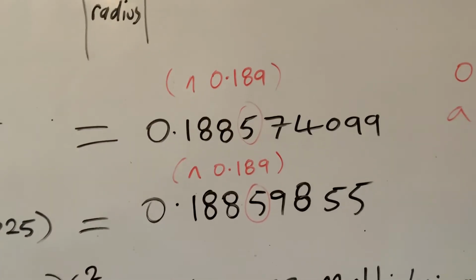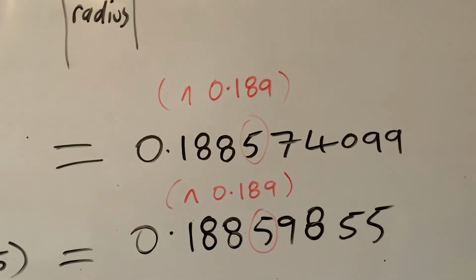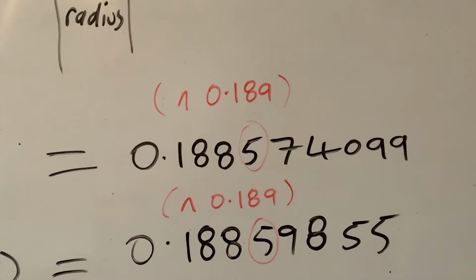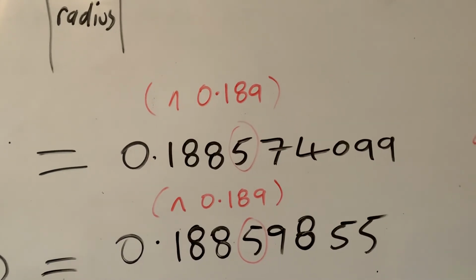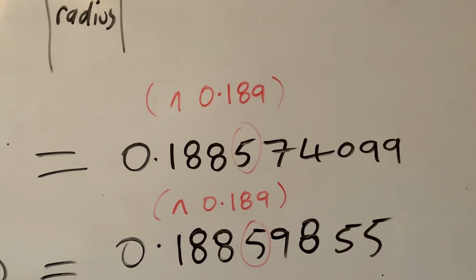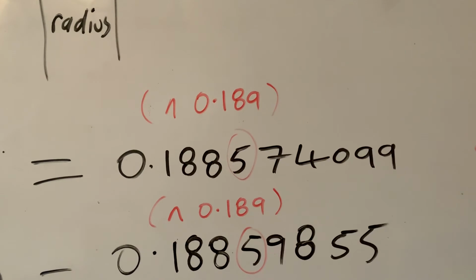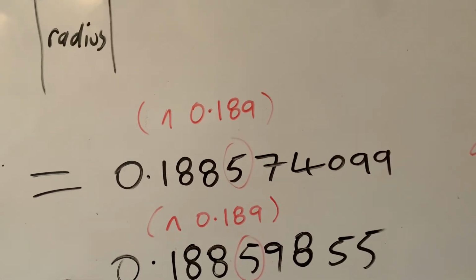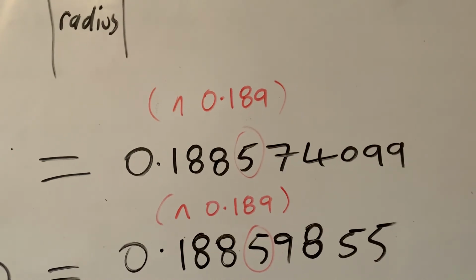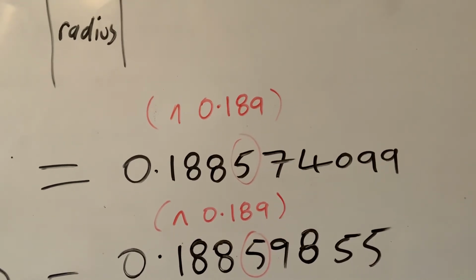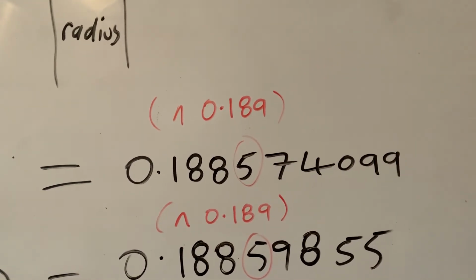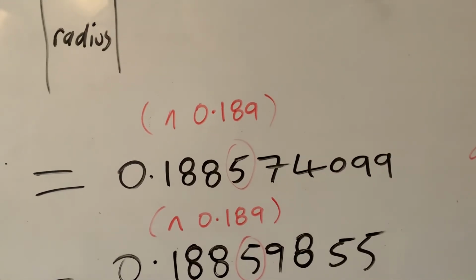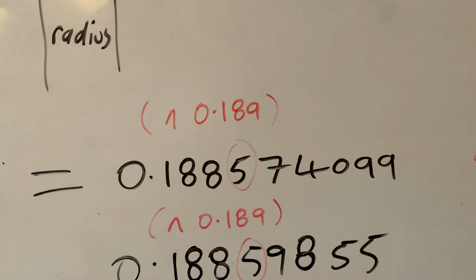Now, the reason I say the first 4 digits, if you look at the number after the last 8, it's a 5. If the number is 5 or greater, that shifts the 8 to a 9. You go up. Now, if the number was 4 or less, you don't change that number, and that would be 0.188. But because the number past that is 5, you make that number 0.189.